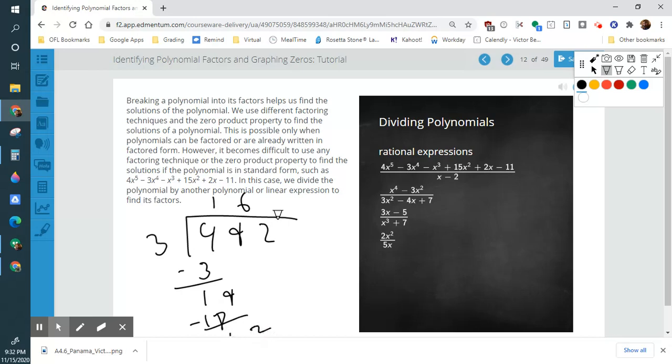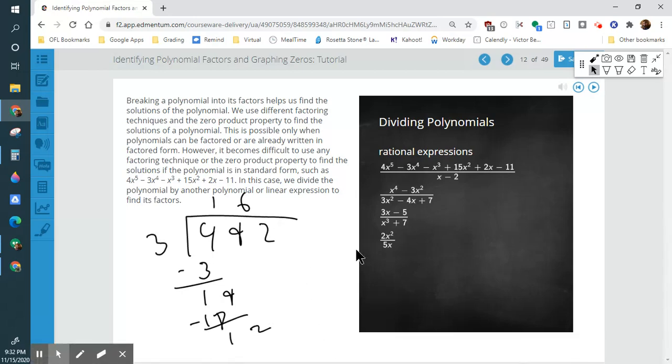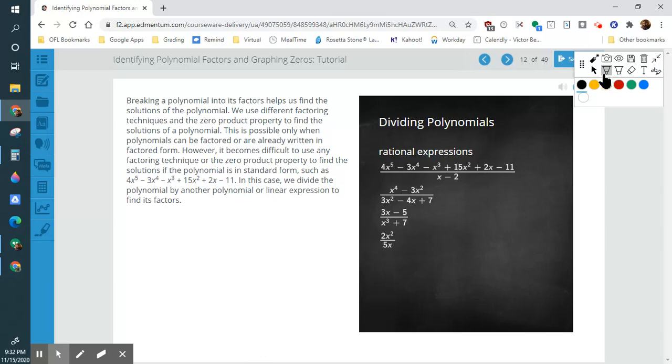Subtract, I get 1, 2. I still have this downloaded thing from when I did the geometry video. And 3 goes in there 4 times. So 4 times 3 is 12. And you get this. And we're going to talk about what happens if you were to have a remainder with polynomials. So that's basic long division.